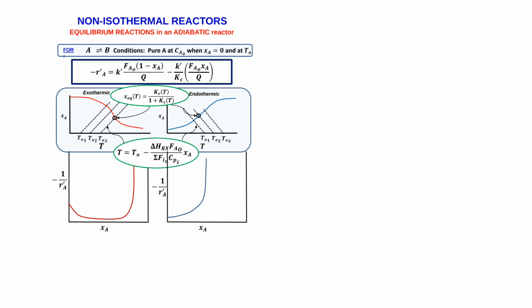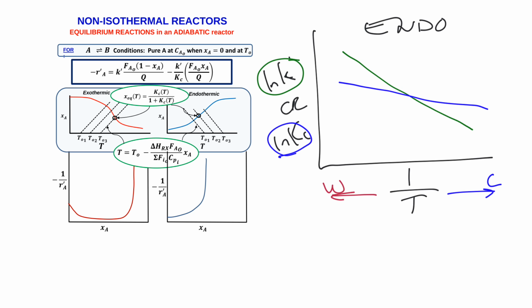You should notice from the shape of this graph that this asymptote is approached at the equilibrium conversion that corresponds to the equilibrium conversion that you discovered by solving simultaneously for both these equations.